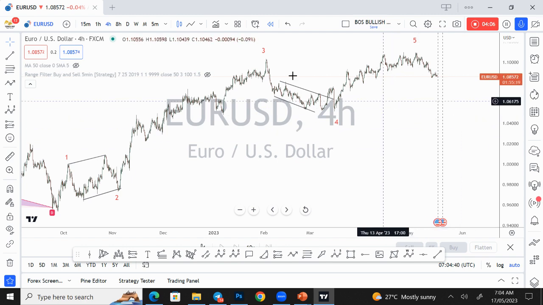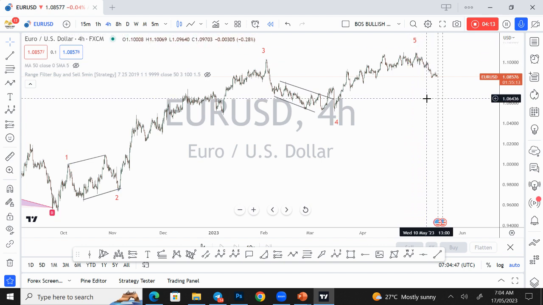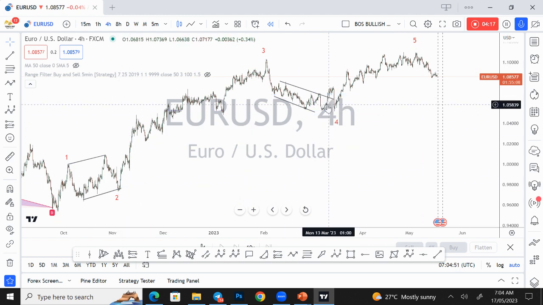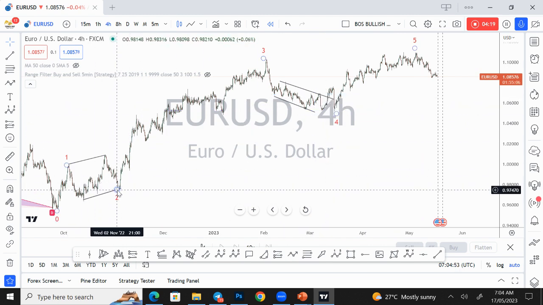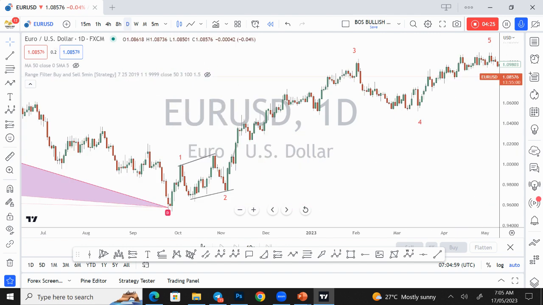So in this case, once we have the impulsive wave going over here, now it has to correct. So when it's correcting, we are targeting the unmitigated order blocks here within the mitigation point. Now let's go to the higher time frame to look for the order blocks.